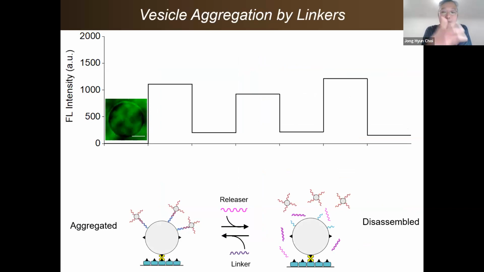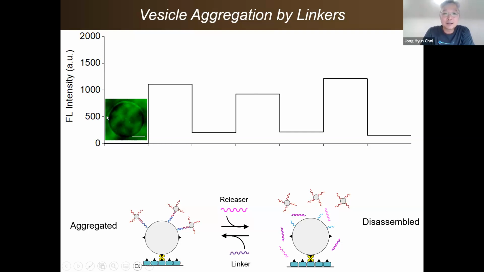Before we demonstrated the full-fledged toy system as we designed, as I mentioned, we had a smaller, simpler version. Without any DNA origami pores, we just had giant vesicles immobilized on the surface, and we used linker strands and releaser strands to go between aggregated and assembled and disassembled structures.